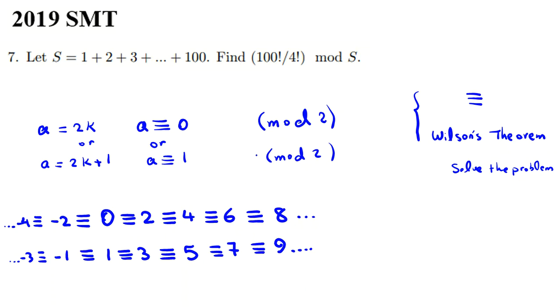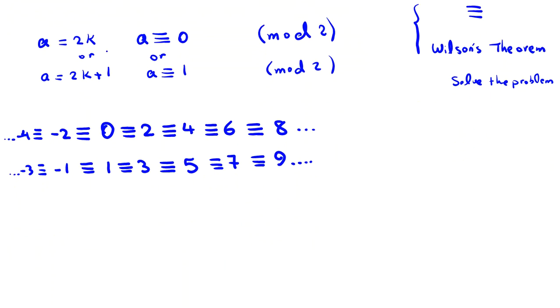So here, for example, mod 2: when you see 2k, a is congruent to 0, and 2k plus 1 is congruent to 1. This part is the remainder. You can also do this for 7. If we have 25 mod 7, you can add 7, for example 32, then 39.